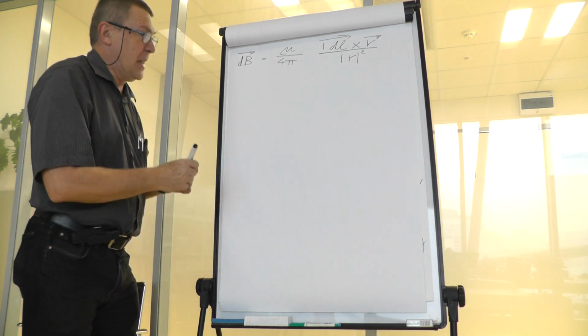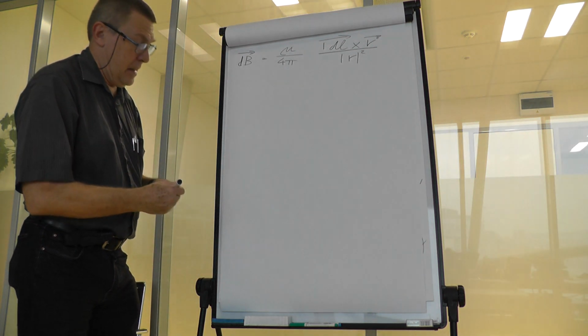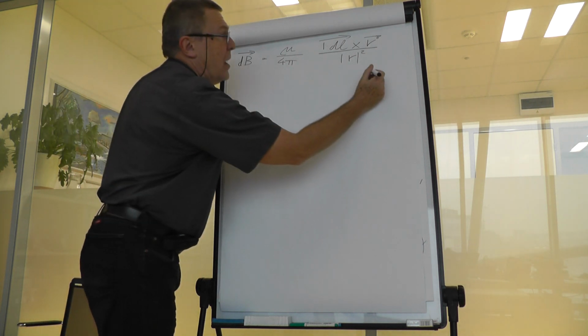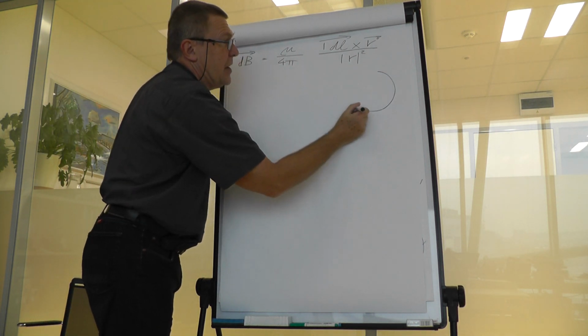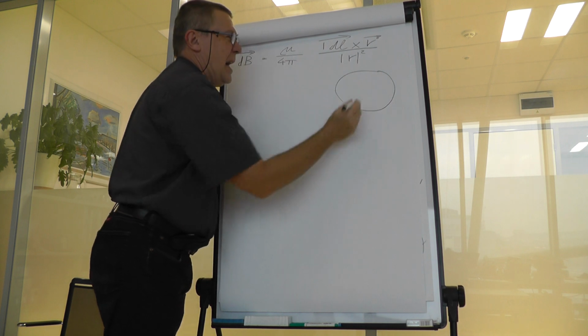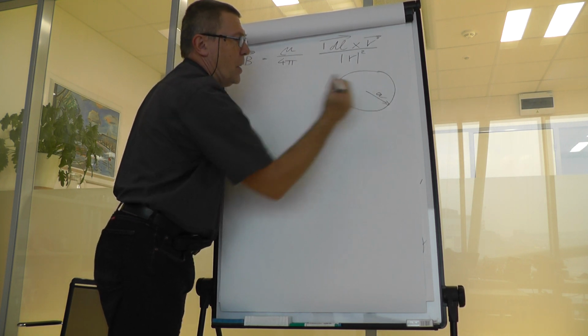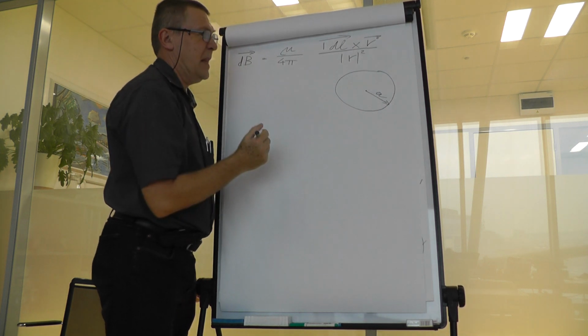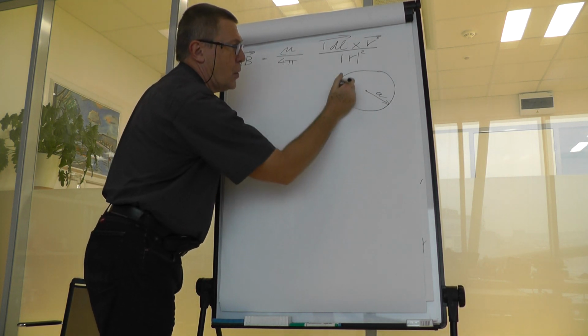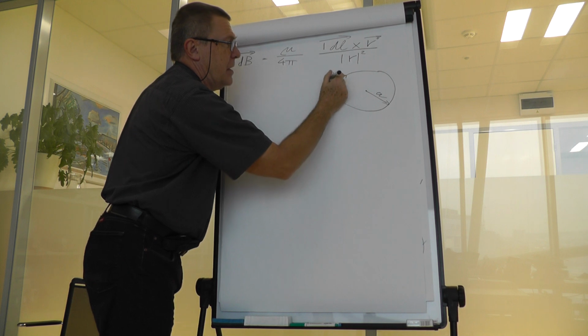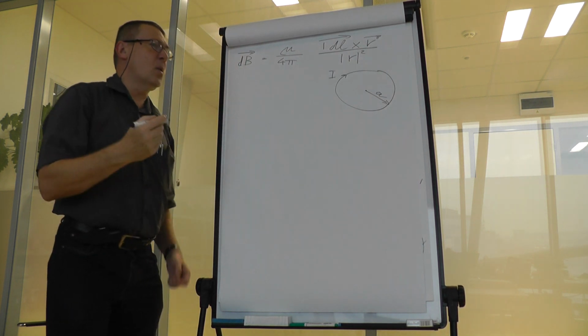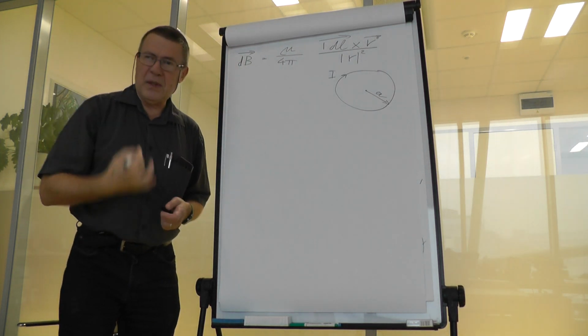So we have a circle. The circle seen from one end is something that has a radius small a, and there is a current circulating around. The current I circulates just around, around, and around.